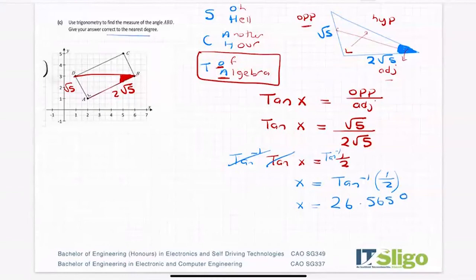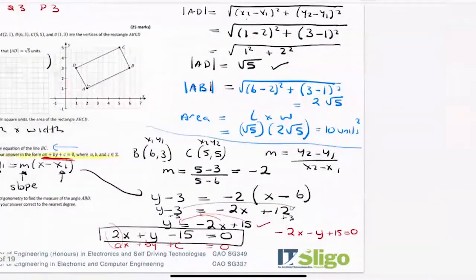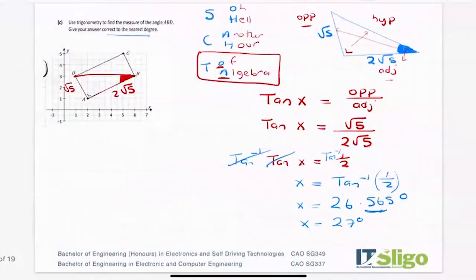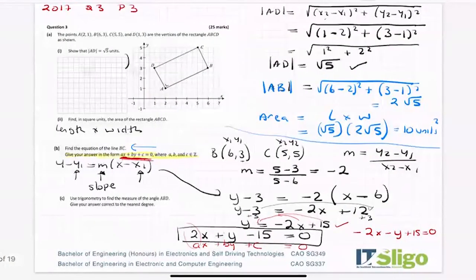And then it said to the nearest angle, well, 0.56 rounds it up. So 27 degrees is the nearest angle. Okay, so watch out for the little bit of trig at the bottom of the coordinate geometry question. It's not unusual that it appears. So that was the 2017 question.